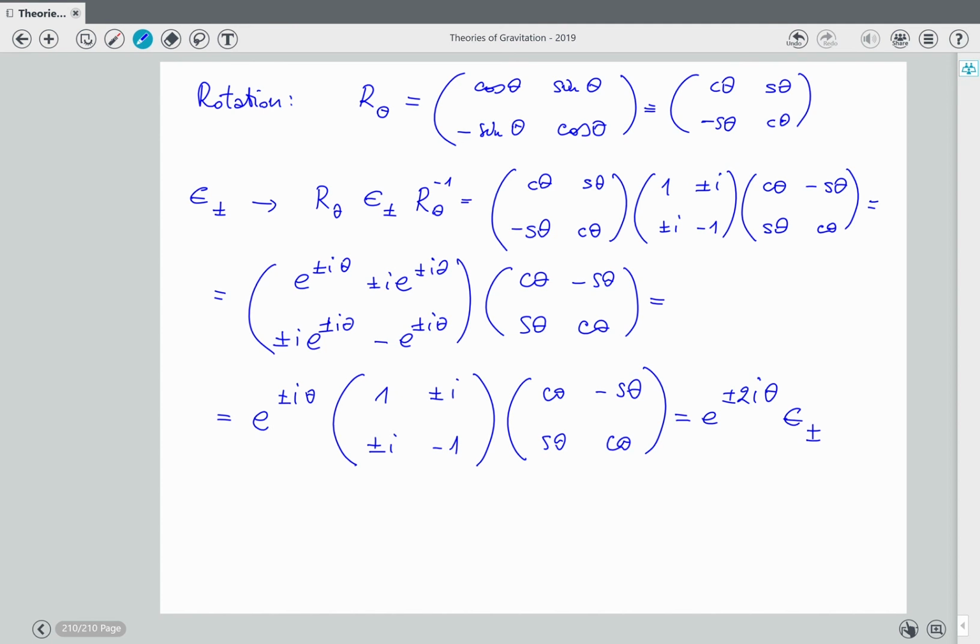So a graviton propagates 2 degrees of freedom with helicities 2 and minus 2. And if you want, for comparison, to check what happens in QED, to be sure we have been doing everything okay. In QED, you have polarizations that are not matrices, but vectors.